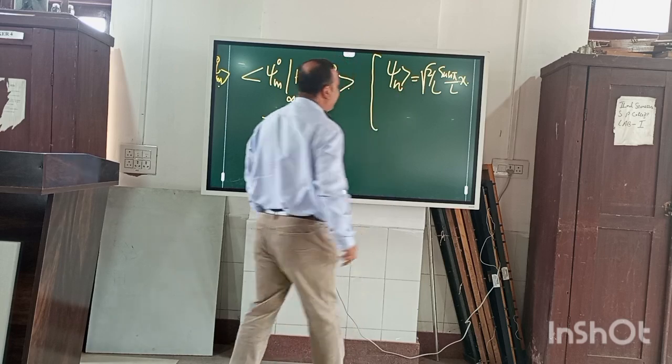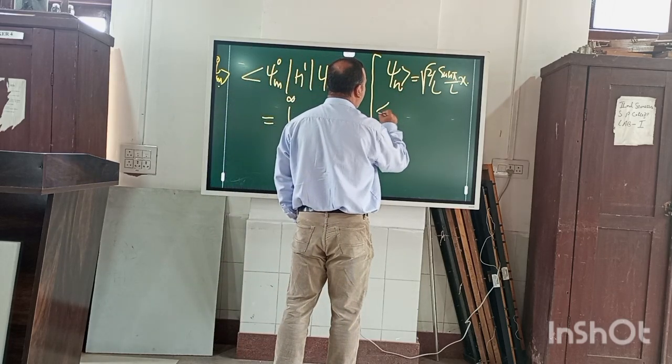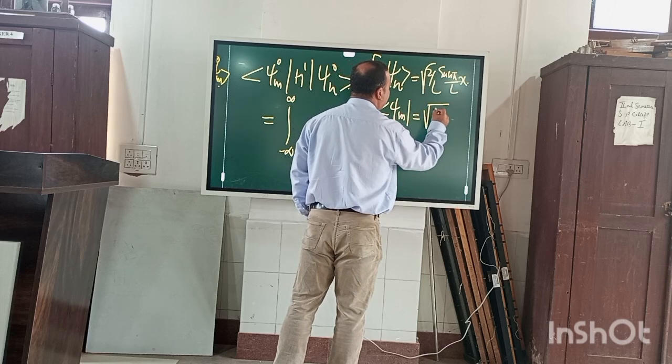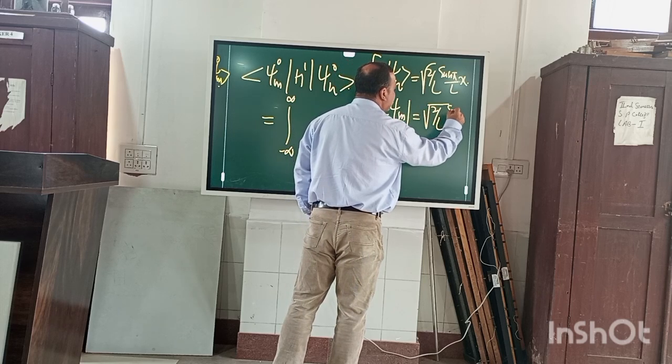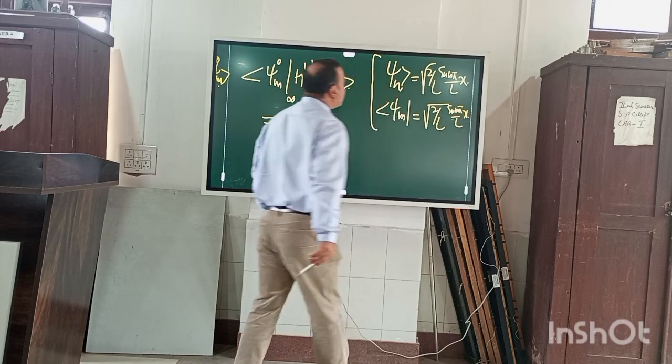If this is the ket of psi n, we can write the bra of psi m, which is the same thing, square root of 2 by L sine of m pi by L x.